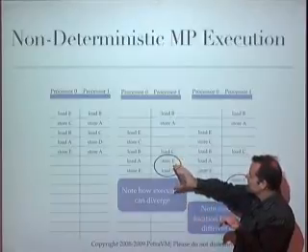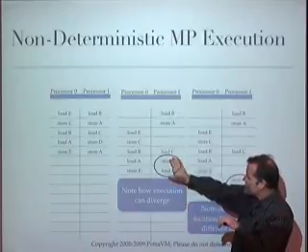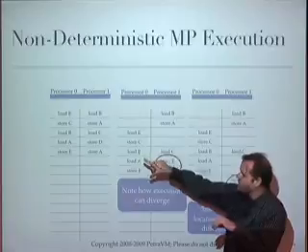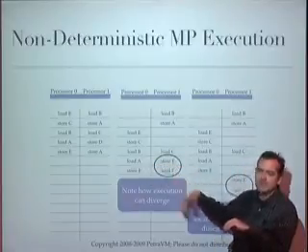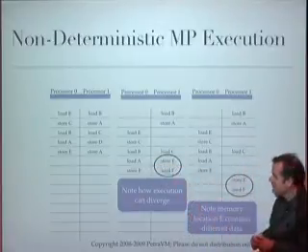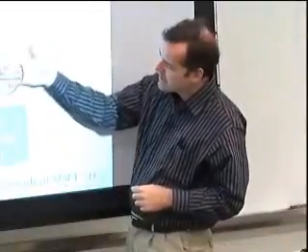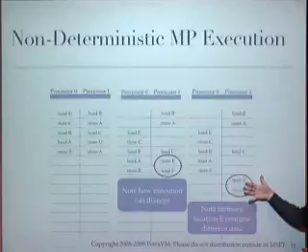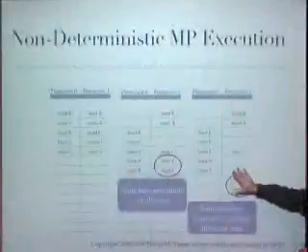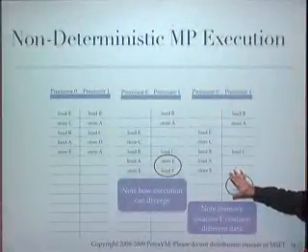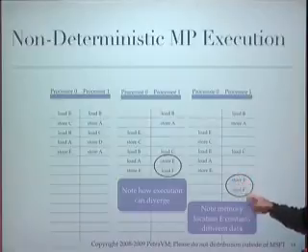And so the actual instructions that are executed can diverge from one execution sequence to another, and hence the outcome can be different. It could also be that even though the actual instructions executed are the same, simply by virtue of how those instructions are scheduled and interleaved on the processors, the state of memory can be different.